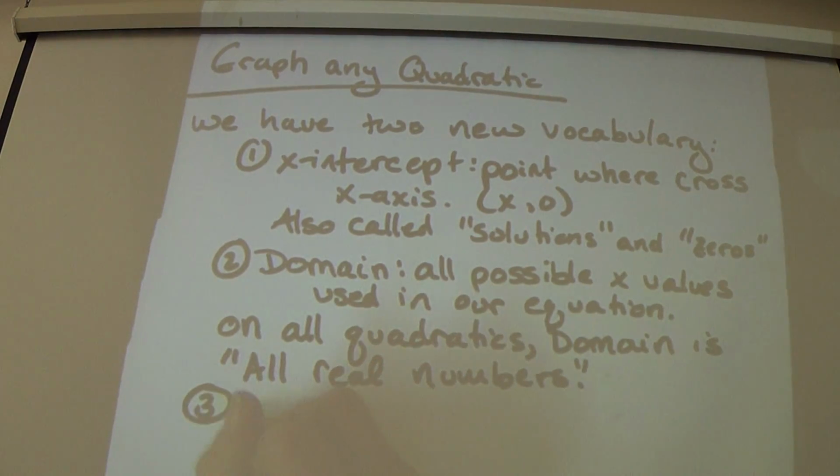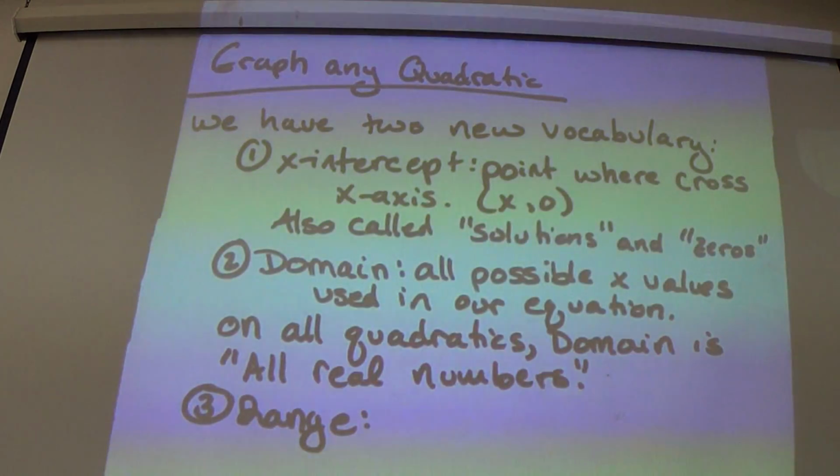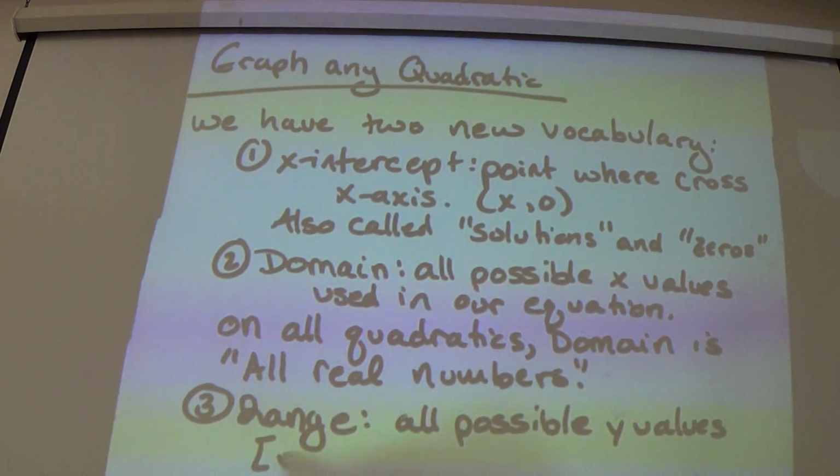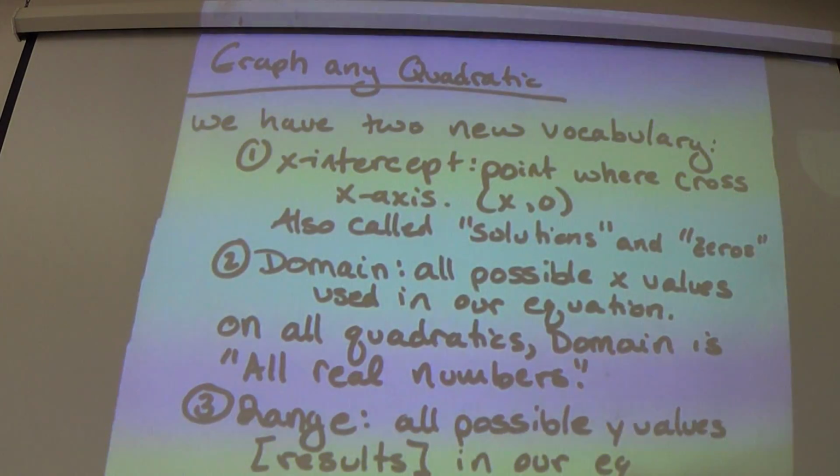Vocab number 3 is going to be the range. And the range is all of the possible y values. In other words, these are all of your possible results in our equation.